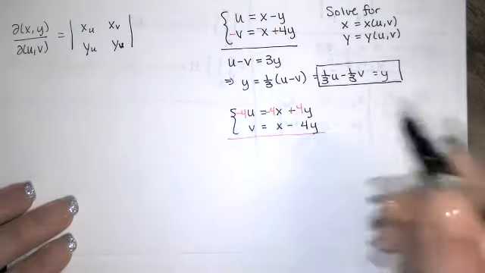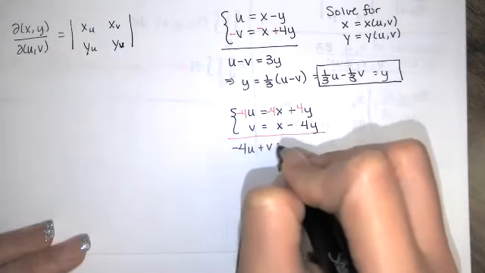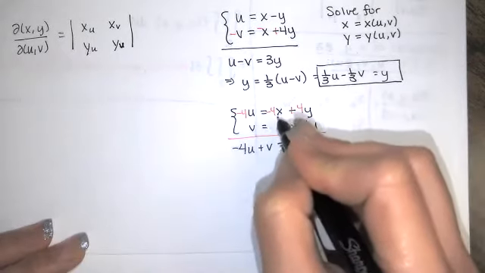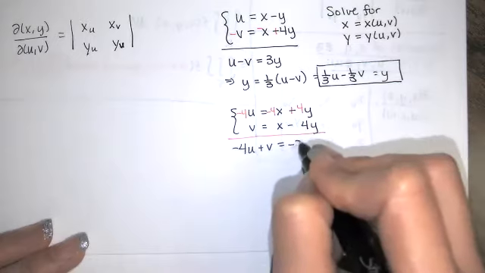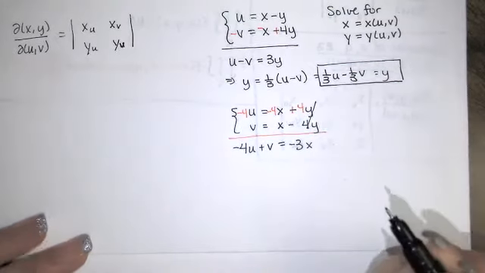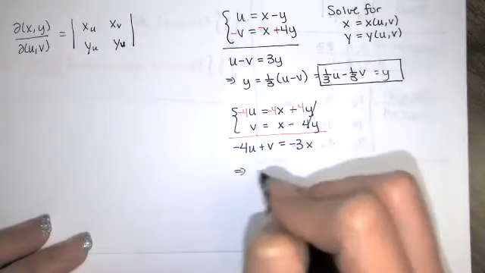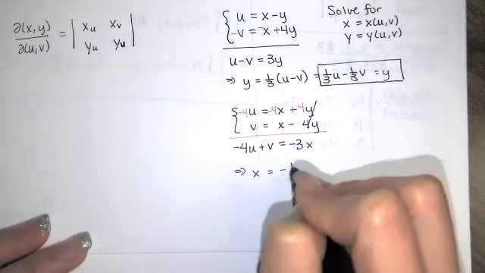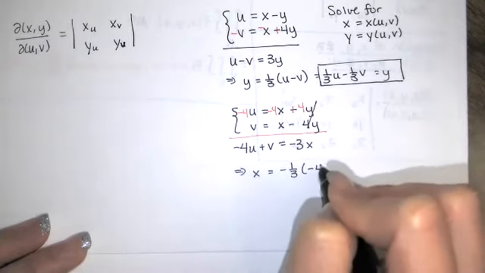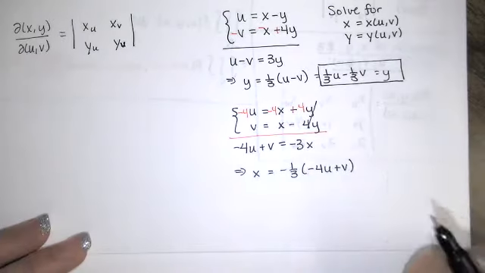We get negative 4u plus v equals negative 4x plus x is negative 3x. Those guys reduce. And we've got that over there.